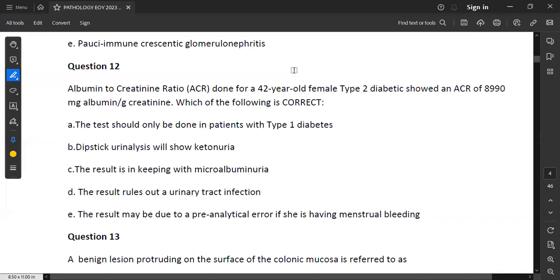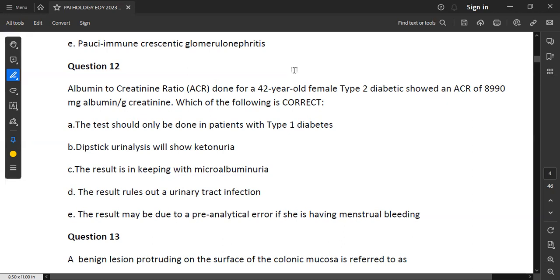30 to 300 classifies as microalbuminuria. We have little amounts of albumin in urine, so microalbuminuria. Above 300 is usually classified as macroalbuminuria. When people have between 30 to 300, that's microalbuminuria.